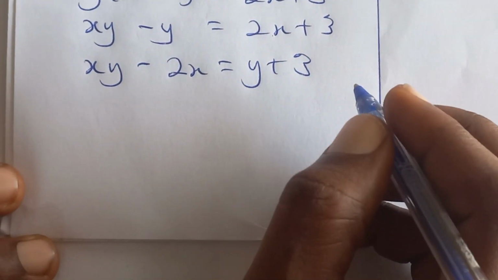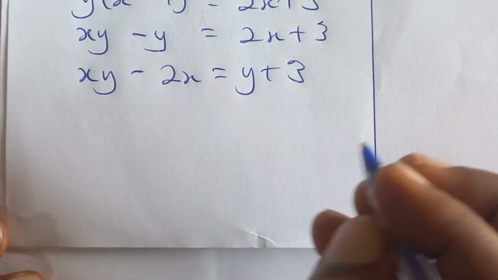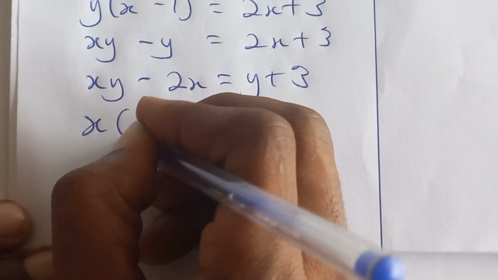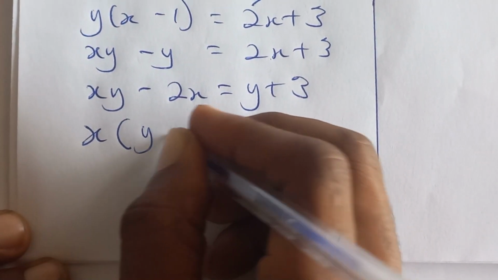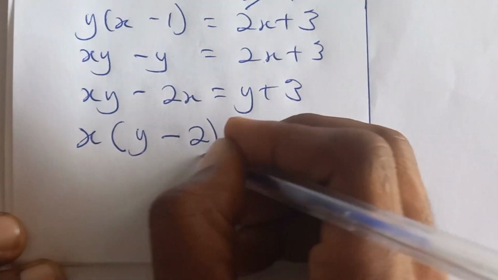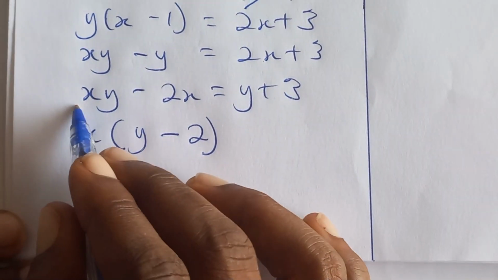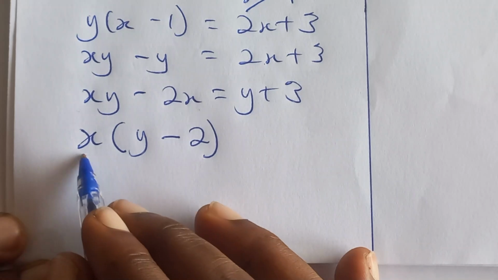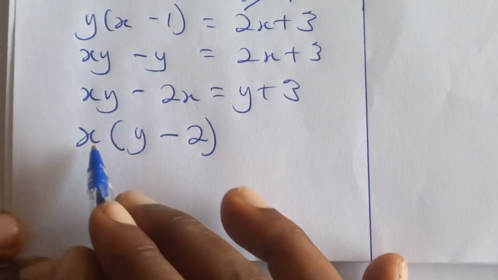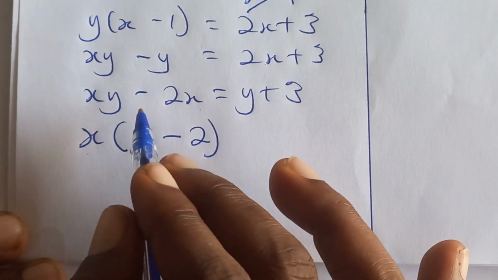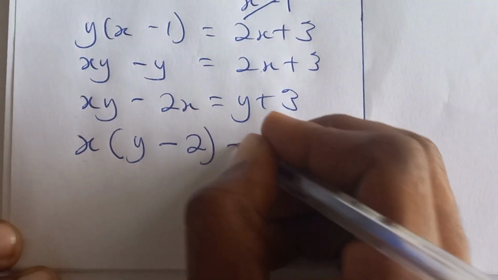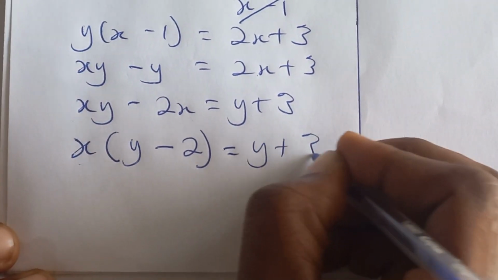So this, we can factor out x. So it's going to be x into bracket y minus 2. So if you want to get back these terms, you can get it x times y is xy, x times 2 is 2x. Okay, equals y plus 3.